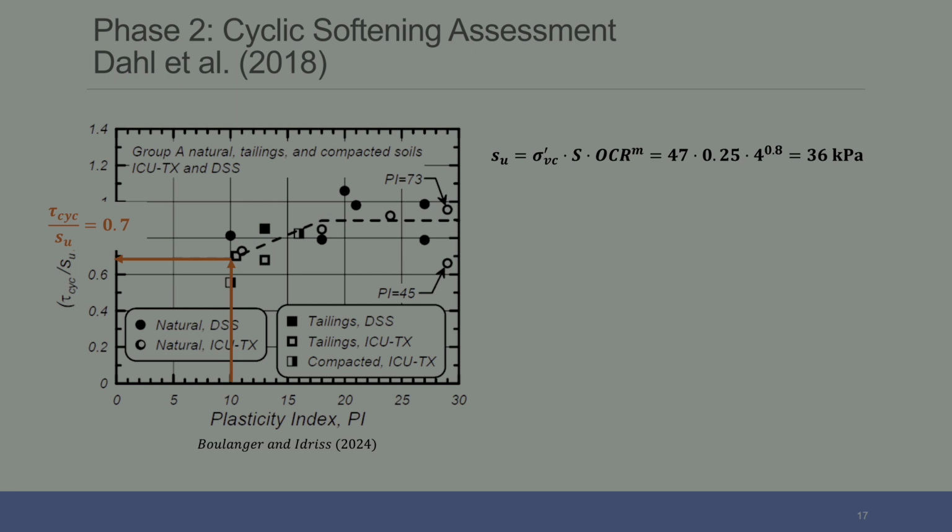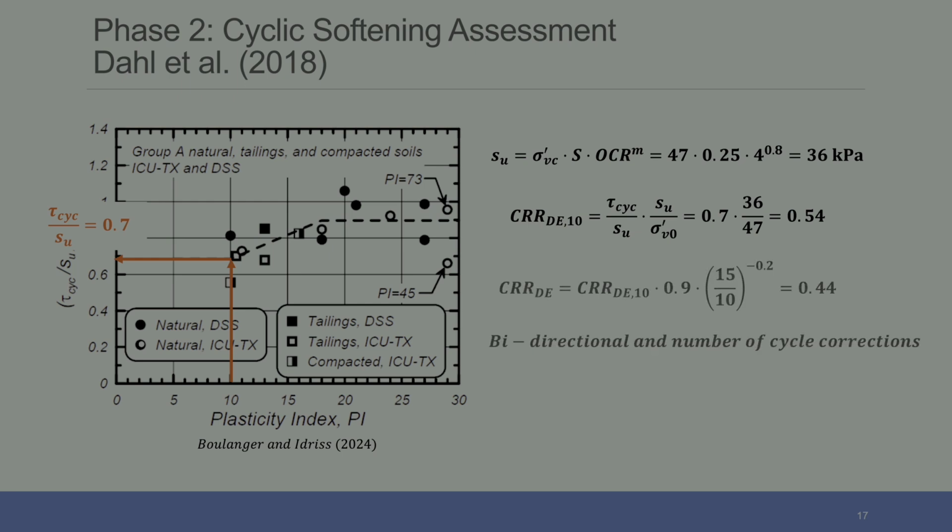We know that this layer is possibly overconsolidated, and we have estimated the OCR as 4. We can find the cyclic resistance ratio is around 0.54. Then we perform some corrections for field, which comes out to be 0.44. You can notice that the triggering assessments and cyclic softening assessments yield two different results, one of them is 0.44, the other one was around 0.05 to 0.12.